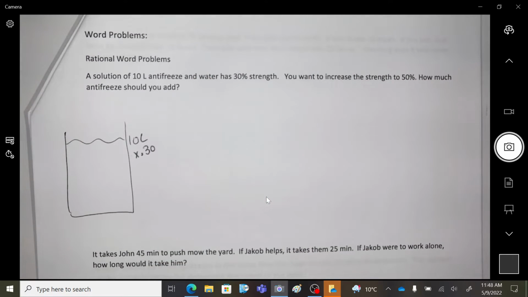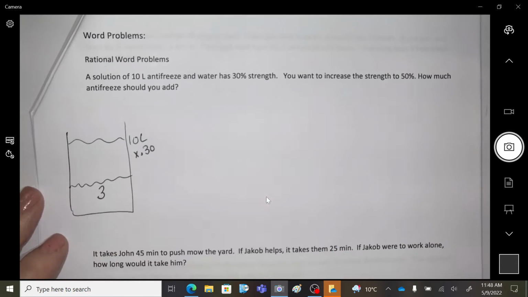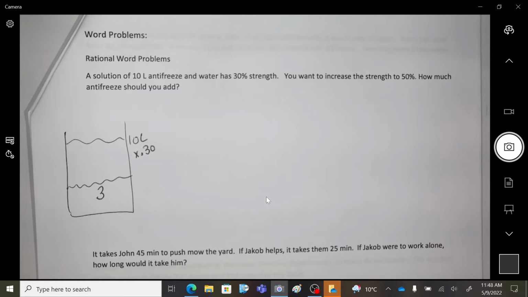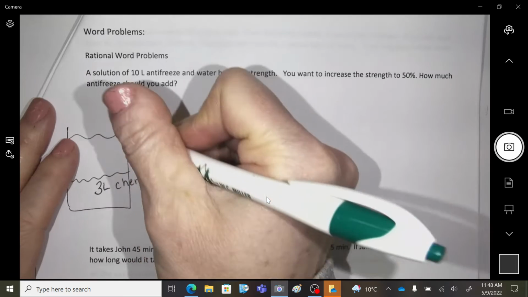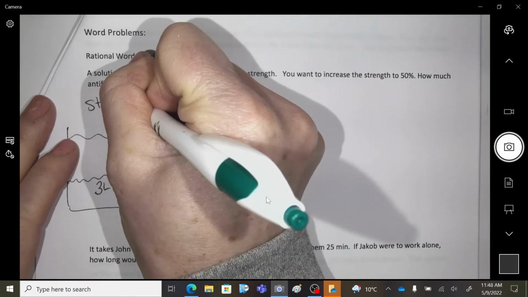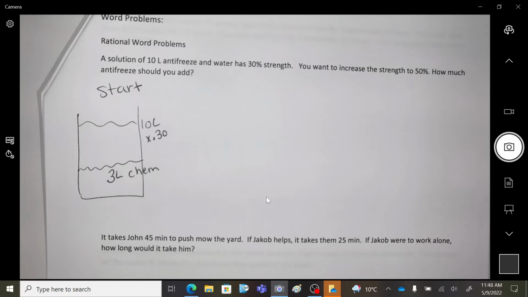So I'm going to times it by 0.3, which means there's already 3 liters of chemical in it. So this is how I'm already starting off.